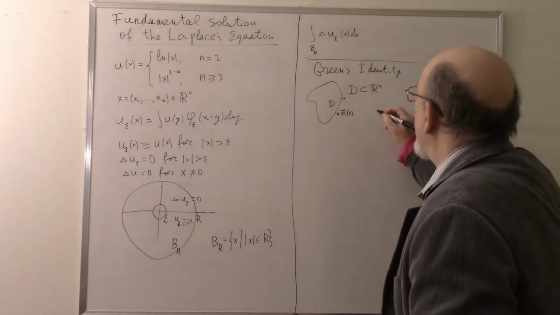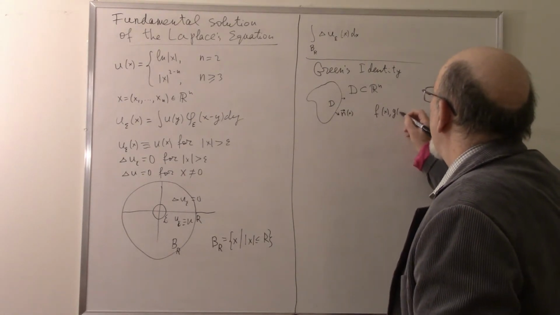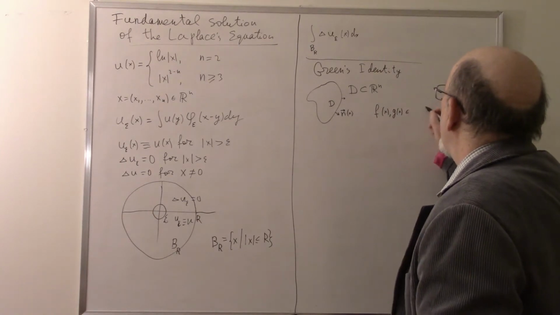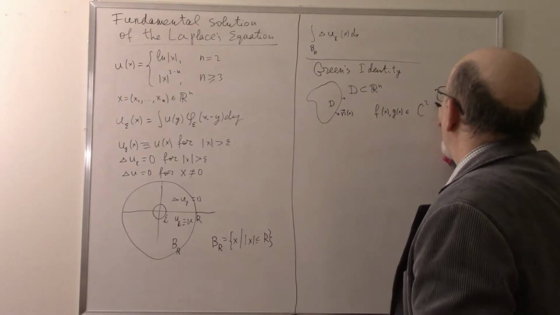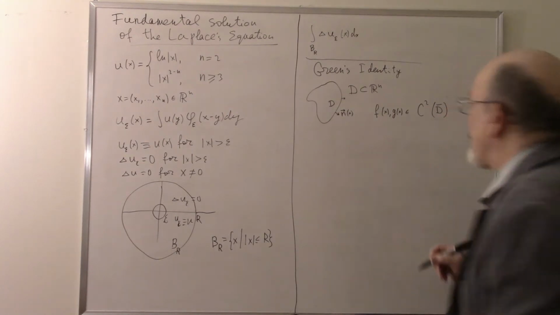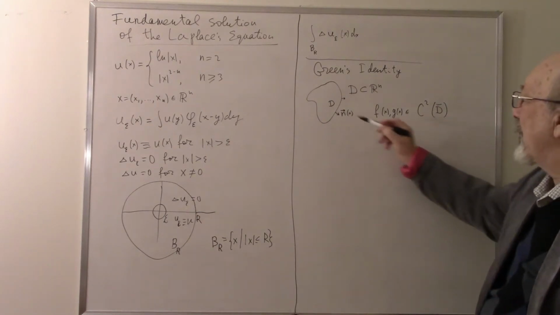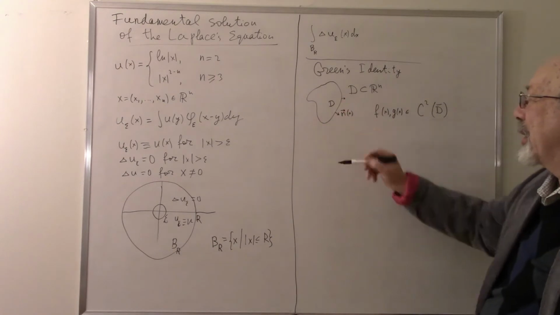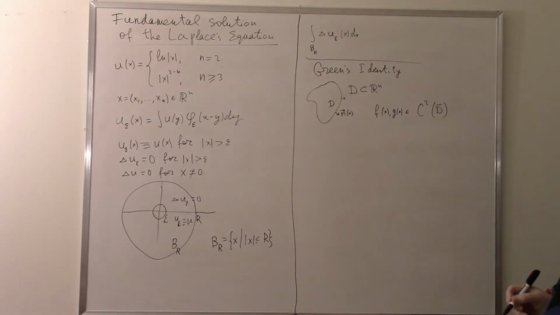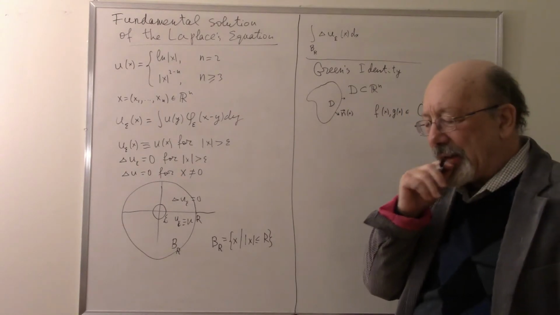And suppose we have two functions, f of x and g of x, in C2 in the closure of D, which means that they are twice differentiable up to the boundary, even at the boundary points. Then the identity is the following.